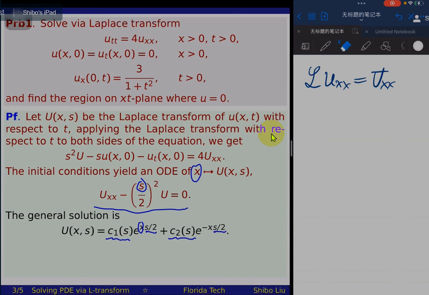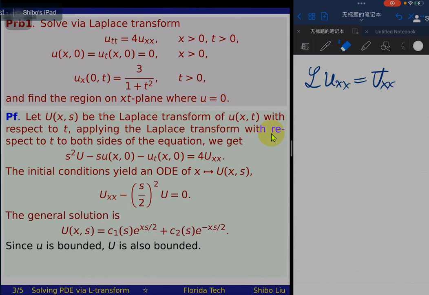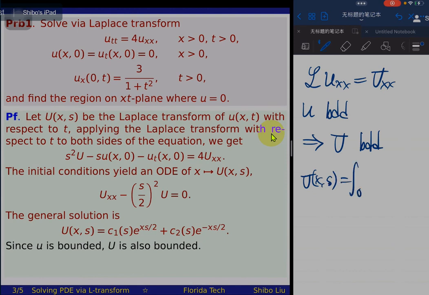Now, for our solution, small u, we want to find a bounded solution. Since small u is bounded, this implies that capital U is also bounded. Why is this true? Because capital U(x,s) equals the integral of e to the minus st times small u(x,t) dt.